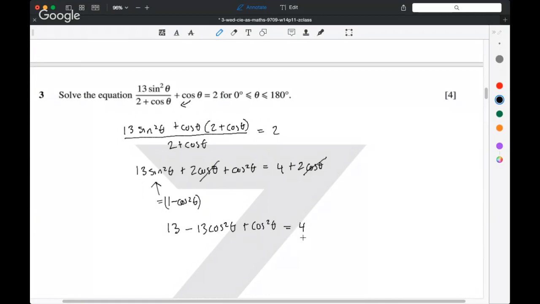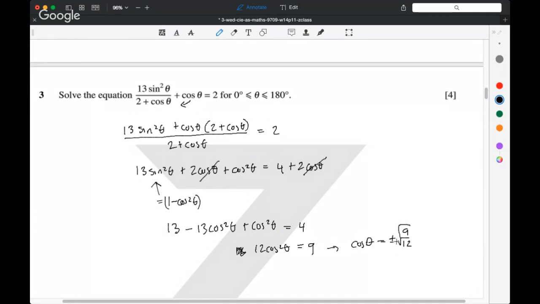And then I just rearrange, and I get that 12 cosine squared theta is equal to 9. And this gives you that the cosine of theta is equal to plus or minus 9 over 12.